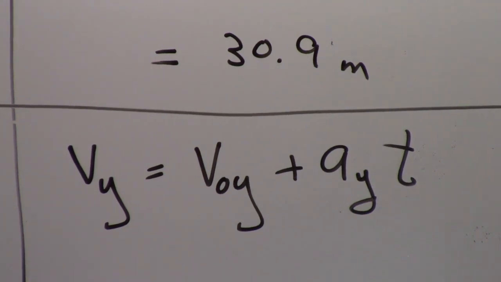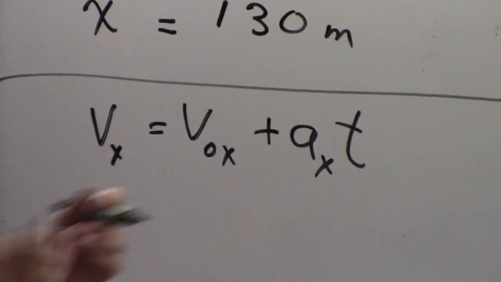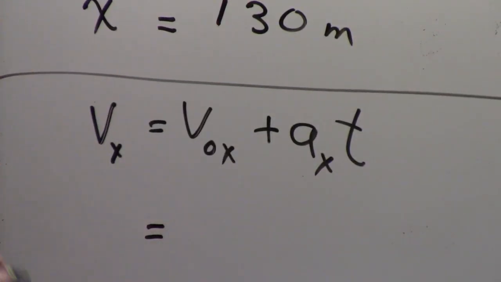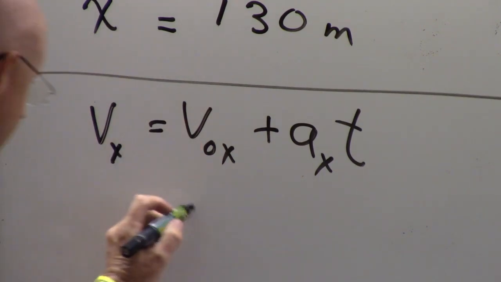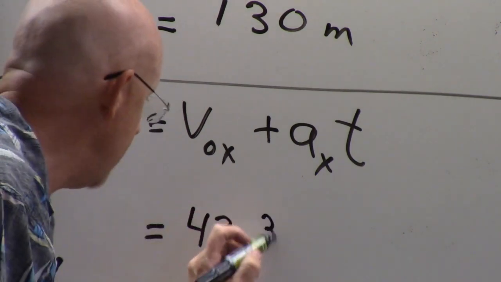Okay. So it's kind of boring, but maybe worth doing. What would be the velocity in the x direction when we hit the target? Well, the initial velocity in the x direction was 43.3 meters per second.